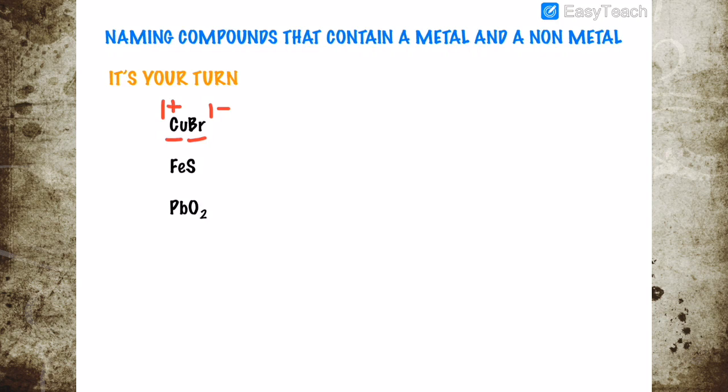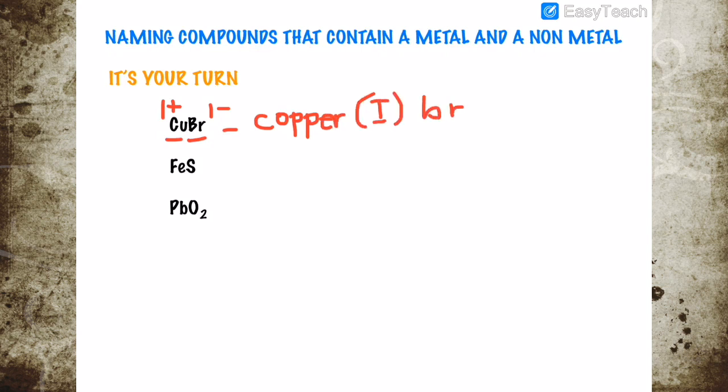That is because the total of the charges should be 0 for a compound to be balanced. So when we name this, it will be copper, parentheses, Roman numeral 1, Br is bromide.